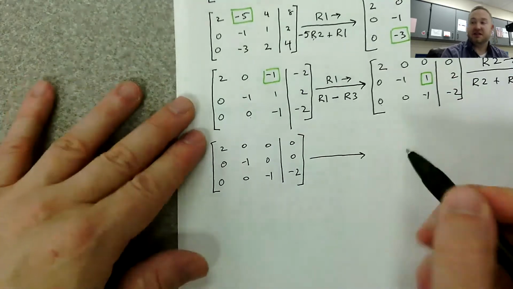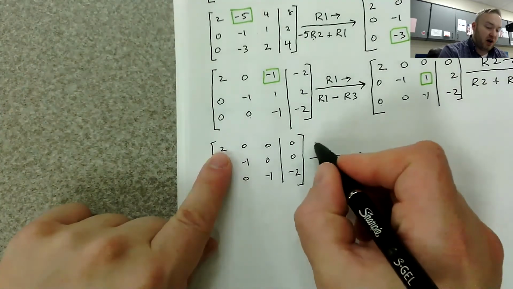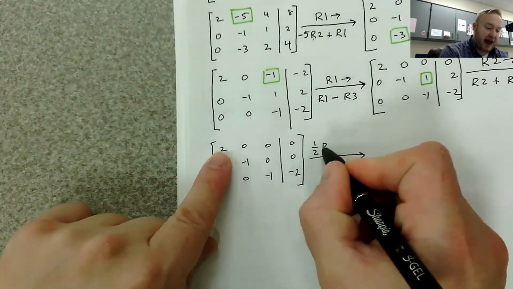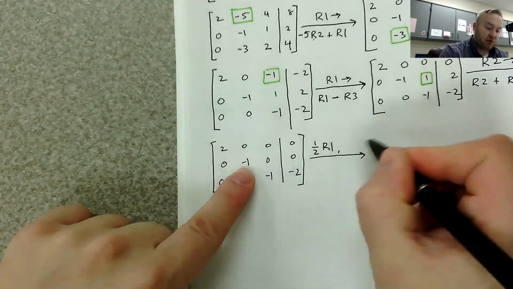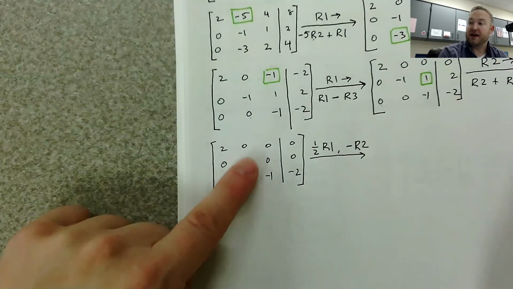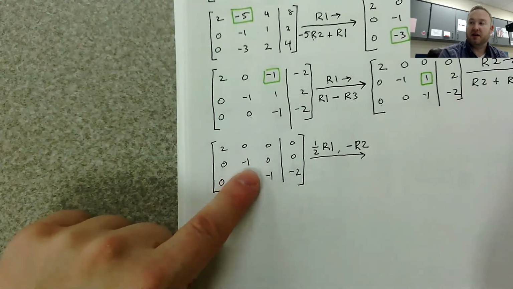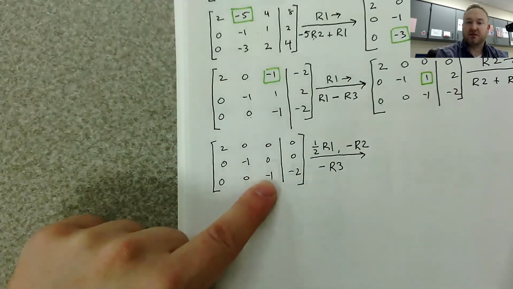And this is the easiest step to do that. This first row, this 2, can become a 1 if I just multiply row 1 by a half, or just divide by 2. The second row, I would just need to make everything negative, so I'll just do the opposite of row 2 to make that -1 into a +1, or in other words, just multiply that whole row by -1. Same thing with row 3.